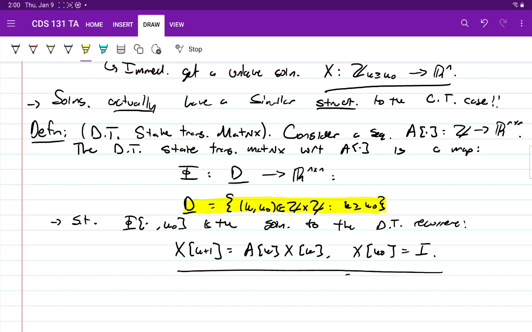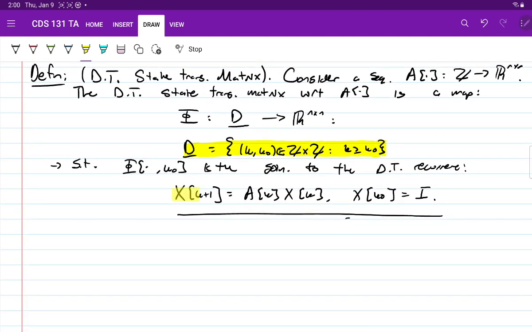If we allow for k less than k naught, then we run the risk of solutions being non-unique, because if the matrix is not invertible, there could be some ambiguity as to where we were before time k equal k naught. So this is just a discrete time recurrence that directly translates the continuous time definition of the state transition matrix into discrete time.